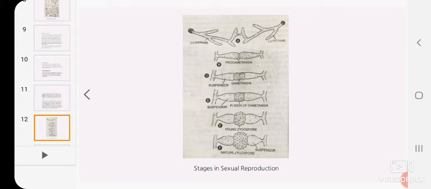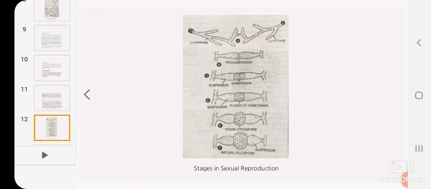So the terminal portion of the fusing gametangia becomes club shaped, and this portion which has dense cytoplasm, is more granular, has more nuclei and more food reserved, becomes separated from the rest of the progametangium, and the rest of the portion contains more vacuoles and fewer nuclei.